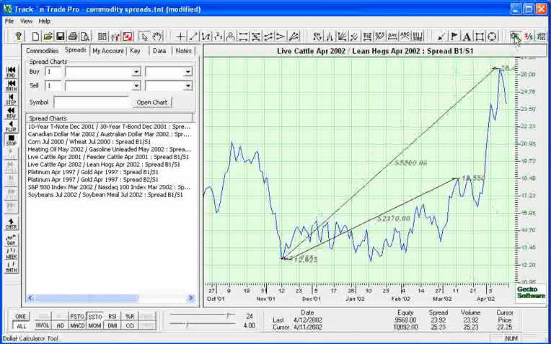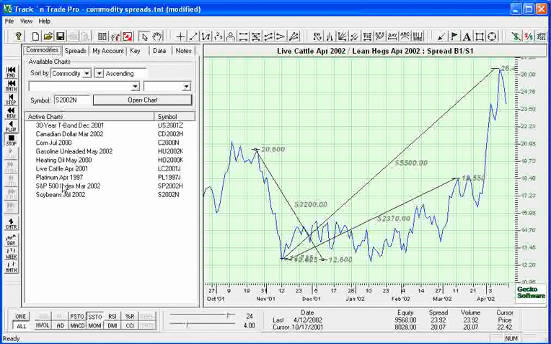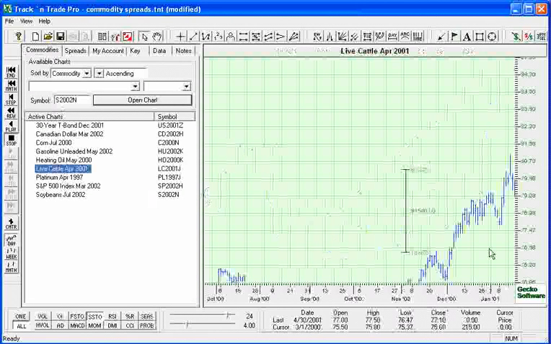And the interesting thing here is if we flip over to the commodities part, why don't we flip over to a straight commodities chart here, and maybe a live cattle chart.